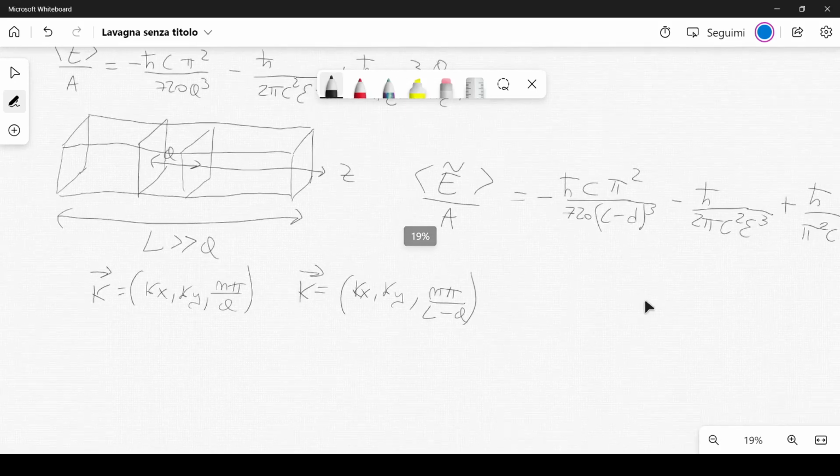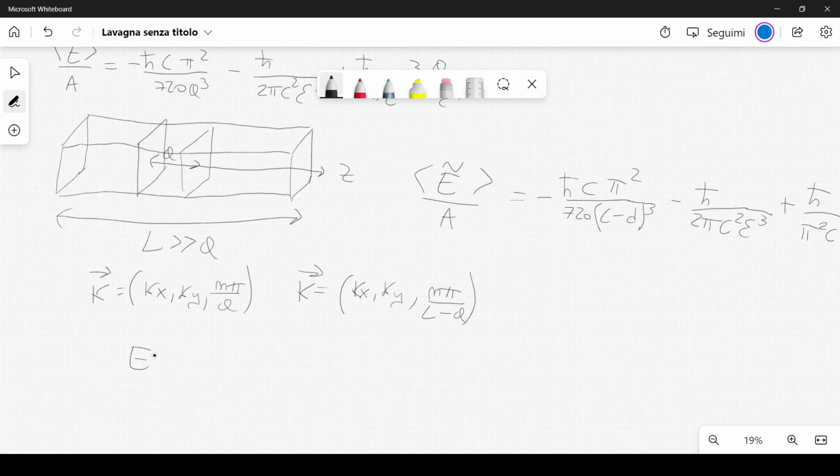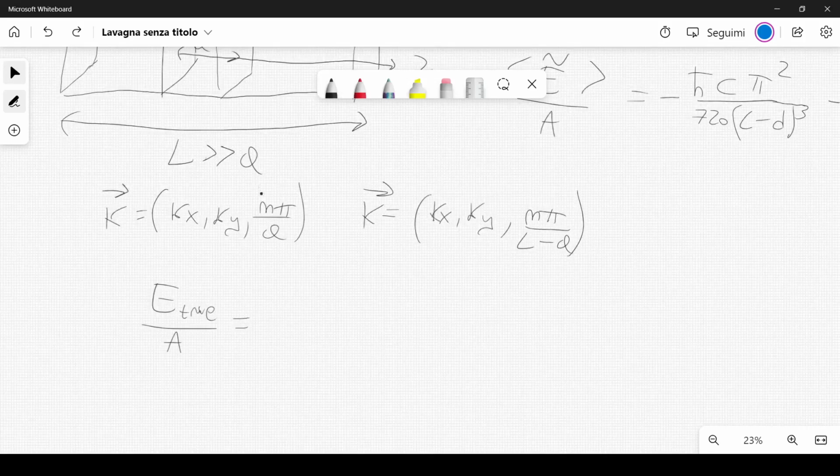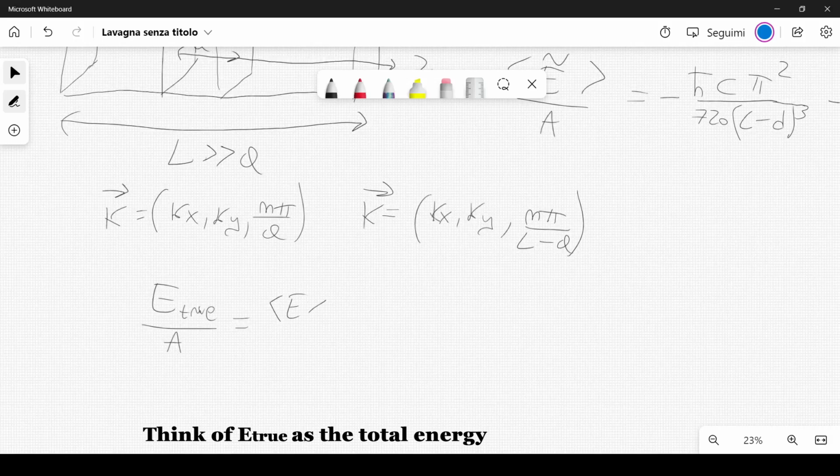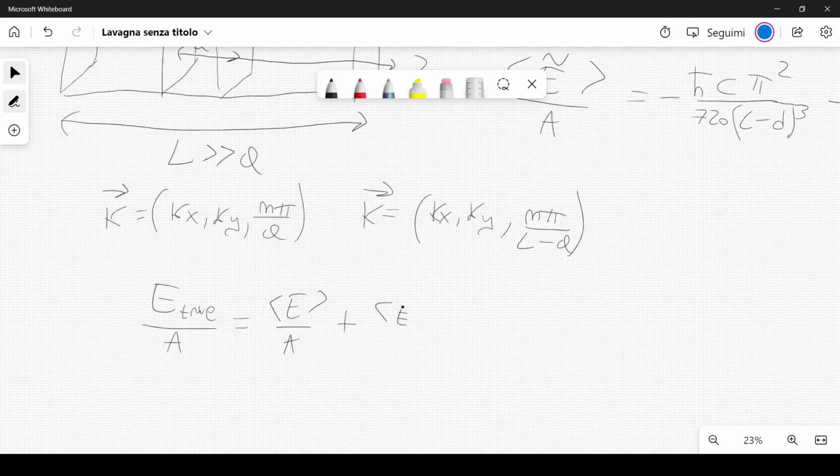Well, the actual energy, let's call this E true, divided by A, is just the sum of what we previously called E over A. So you can think of this as the energy inside the two plates, and then we have the energy due to the contribution that we have outside.